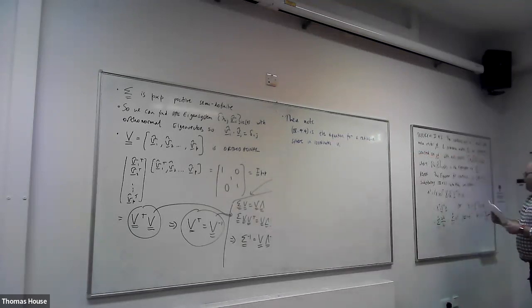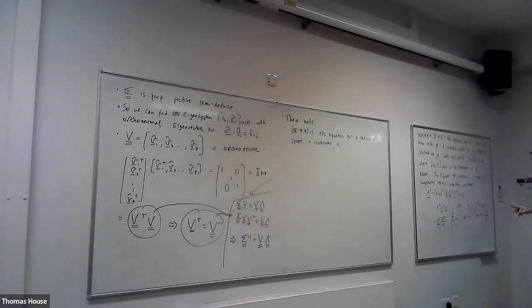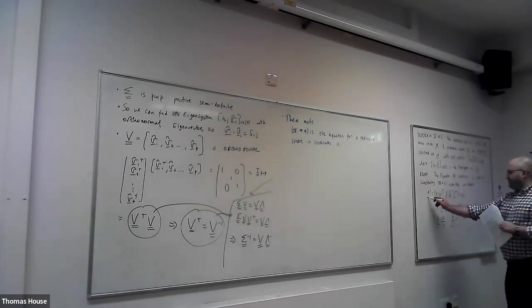So the sum of squared coordinates is A squared. Taking this bit of the equation that I've underlined here, that's the equation for a P-sphere.